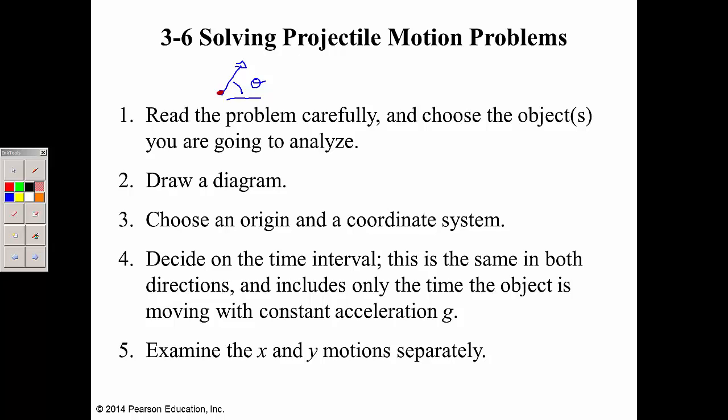And then, much like I talked about on the last slide, we can write our x velocity and our y velocity, and solve these components separately, where we know in the horizontal there is no acceleration, and in the vertical there is acceleration due to gravity.